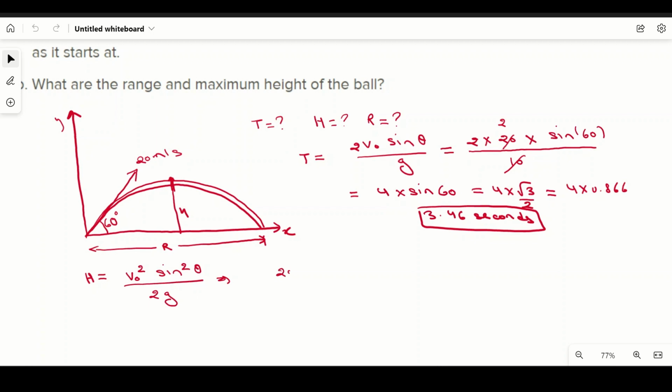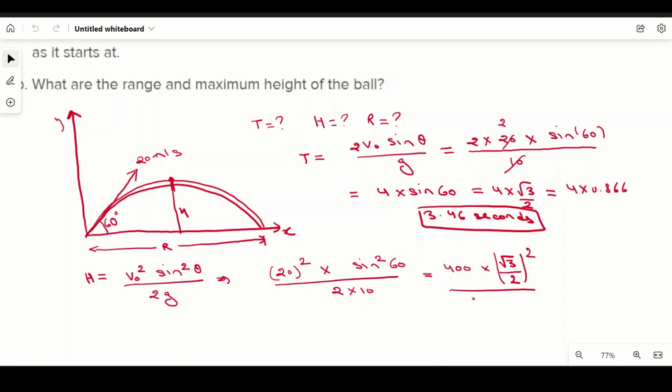v0 is 20 meter per second, so 20 square into sine square 60 divided by 2 into 10. So it will be 400 into sine 60, which is root 3 by 2, so the square is 3 by 4.